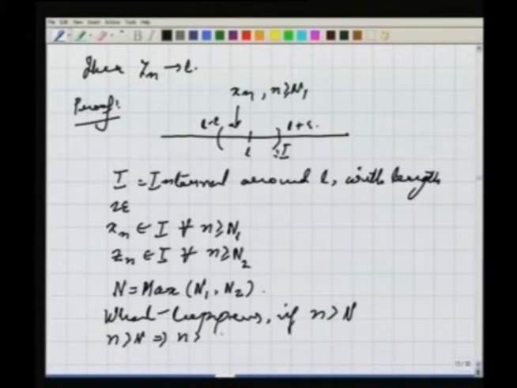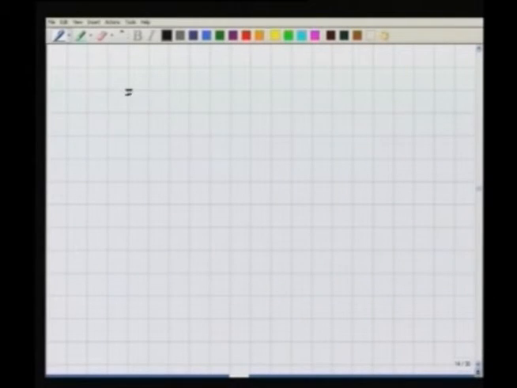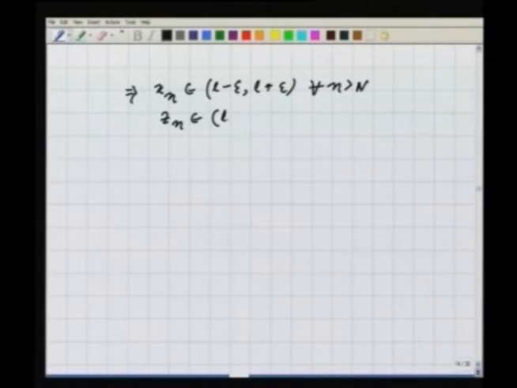Well, n bigger than N implies n is certainly bigger than n1 and bigger than n2. This implies xn belongs to (L minus epsilon, L plus epsilon), and zn also belongs to (L minus epsilon, L plus epsilon).